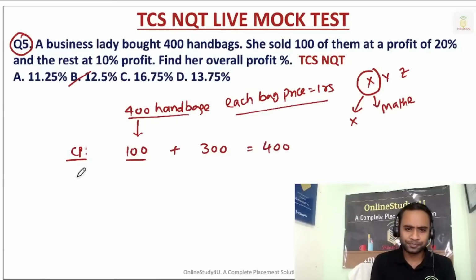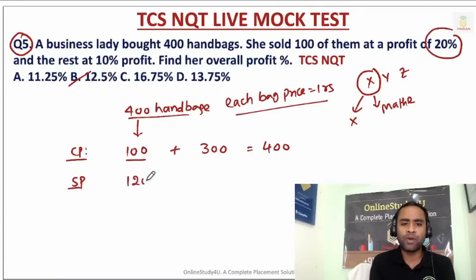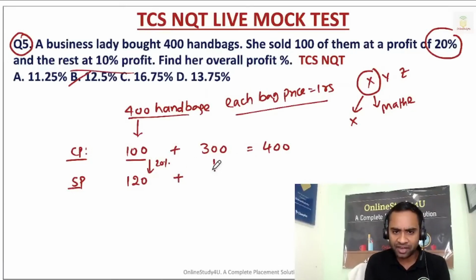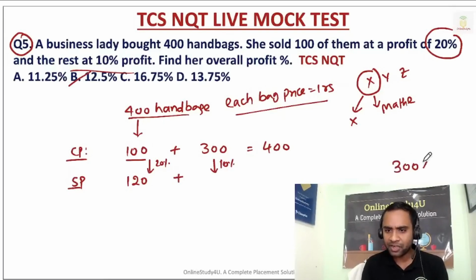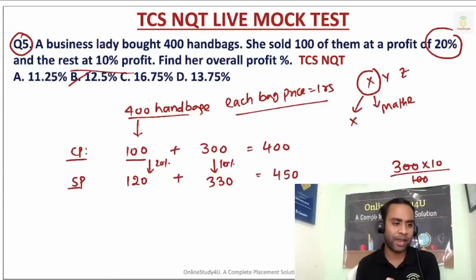Now 100 bags she is selling at 20% profit. 20% profit means 120 rupees. 100 rupees bought and 20% profit, that means 120. And now the rest of the bags, that means 300 bags, at 10% profit. So 10% of 300, my dear friends, will be nothing but 30 rupees. So from 300 to 330, the total will be 450 rupees.